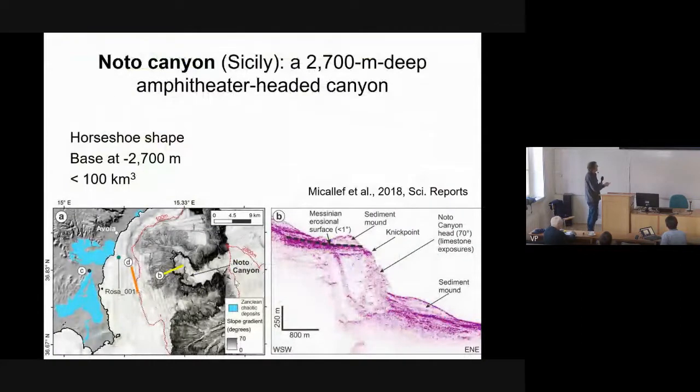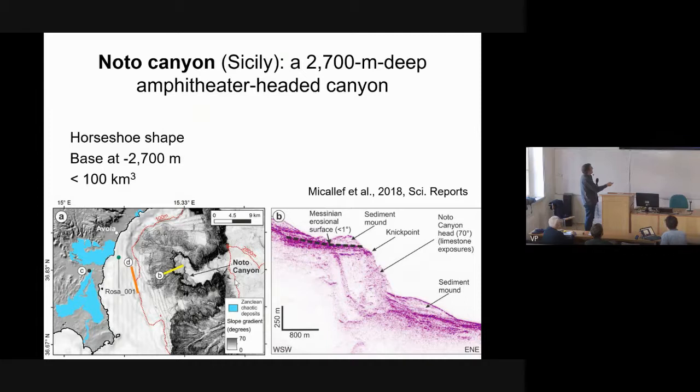This is a very interesting feature because it is a very vertical wall with this horseshoe shape that is underwater today. Here you have the scale, so I think this is about 2,200 meters below sea level.